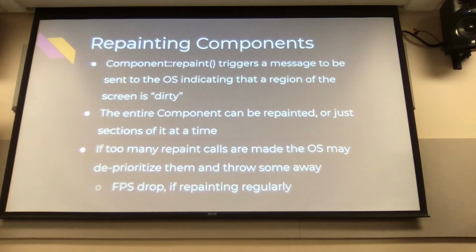So if you are trying to draw some sort of dynamic display at like 60 frames a second, which would be pretty common in audio software, but you're doing it on the software side of software rendering like this, where it's not OpenGL, not dealing with the GPU, the OS will very likely just throw away your repaint calls if it knows it's getting too heavy and that there's too much other stuff going on. I've seen that a lot where, if you are repainting regularly, you will see a huge FPS drop.